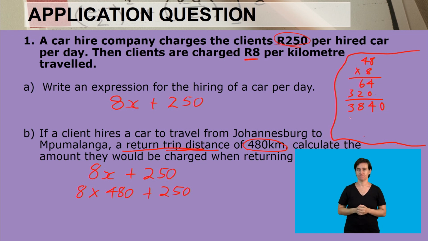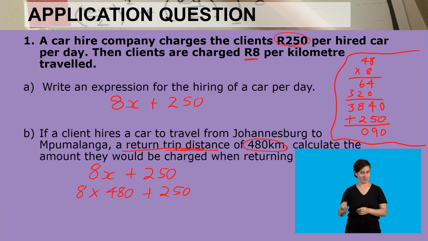so that my outcome is 3,840. And then I need to add 250 to that, and the outcome there would be 40 plus 50 is 90, and then 800 and 200 would be 10 hundreds.